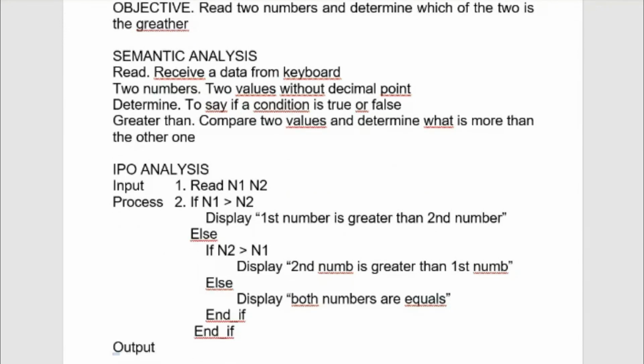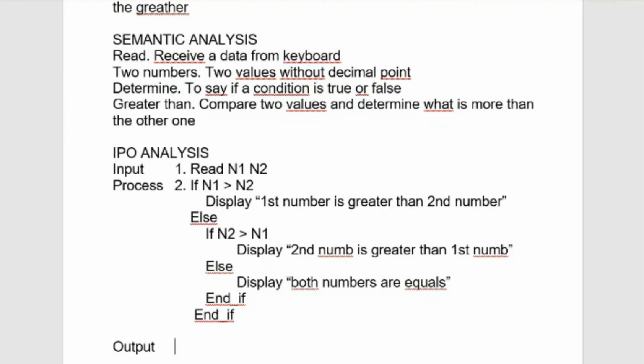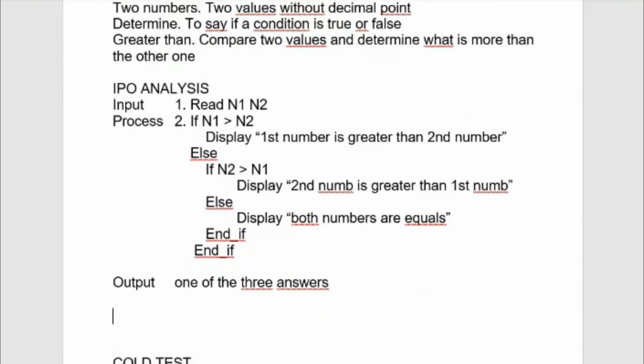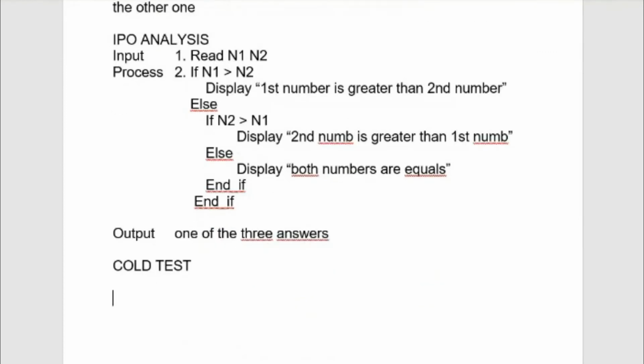And what is the output? The output is one of the three answers. Okay, but now the call test, remember, you need to separate a space for the memory of the computer and then separate a space for the monitor. But the call test, I suggest you do with three values.